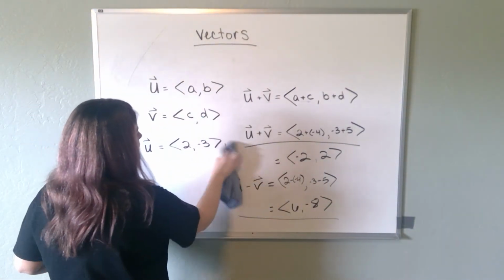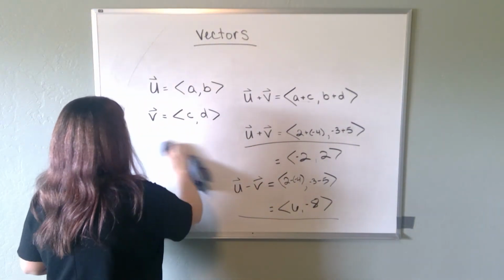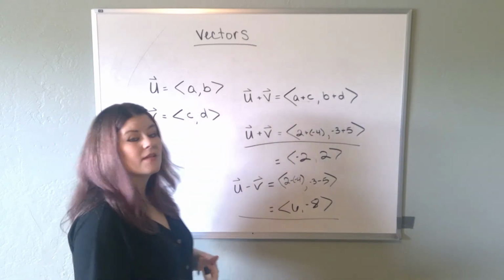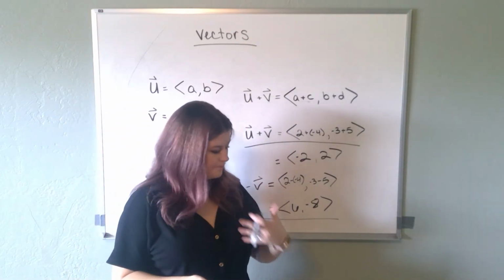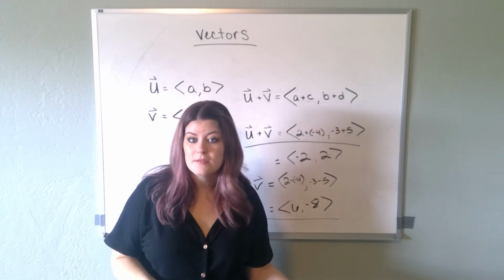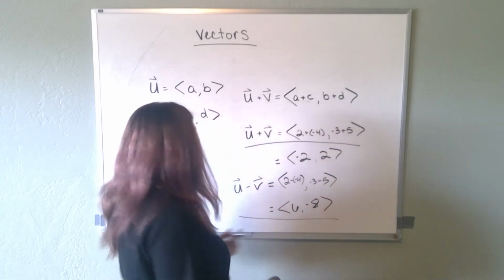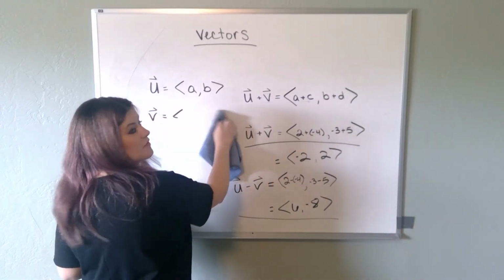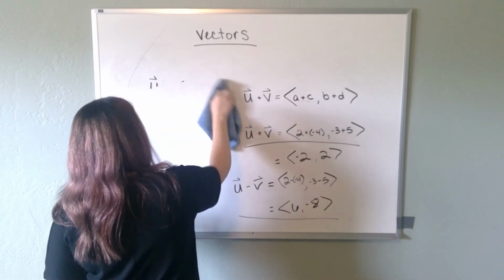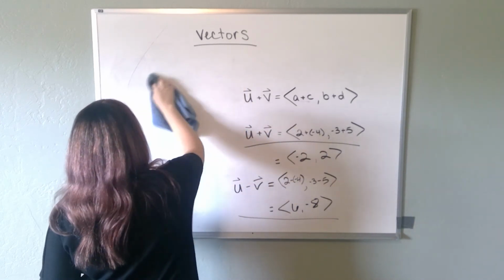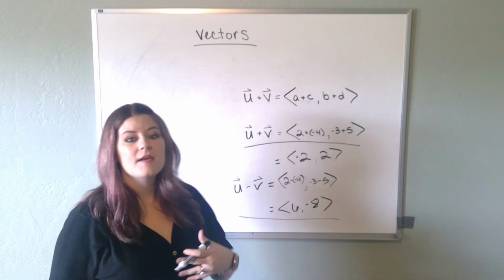The next operation that we can do with vectors, so we did addition and subtraction, you feel like the next step would be multiplication. And it kind of is. We're not ever going to multiply two vectors together, but we can take one vector and multiply it by a number.